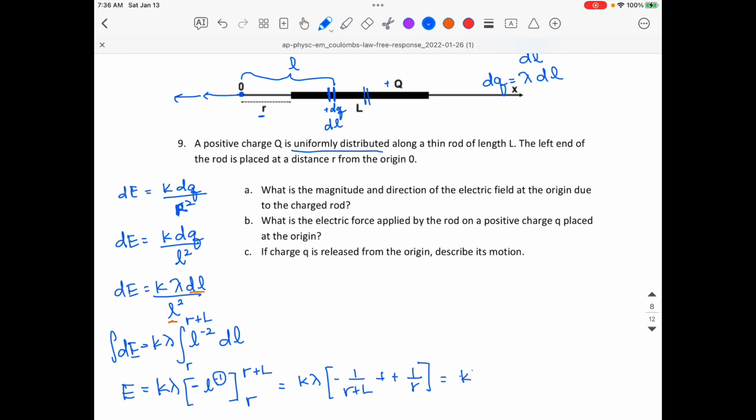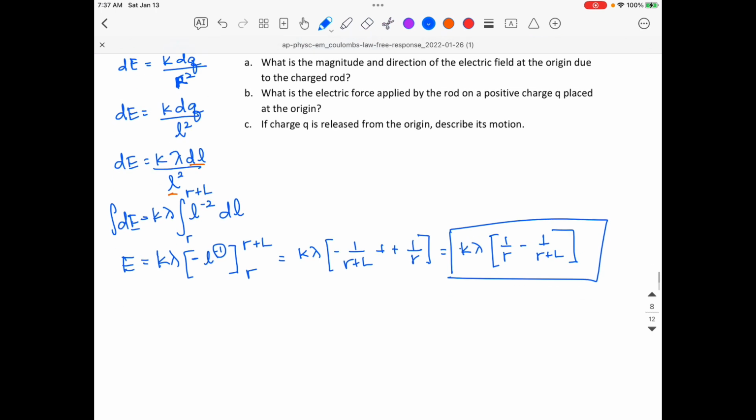I've got K lambda multiplied by 1 over r minus 1 over r plus L. Now, in your equation sheet, you're going to see K represented as 1 over 4 pi epsilon naught, but I am totally fine if you leave it in this expression. Actually, that's how I prefer to leave it. So this could be one version of your answer to number 9, part A.